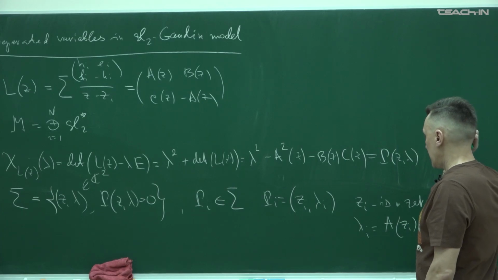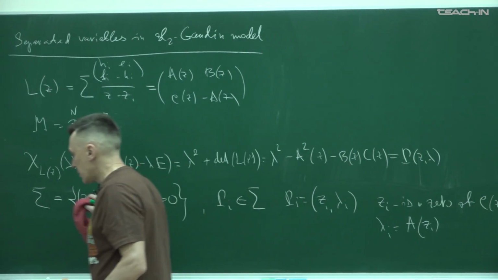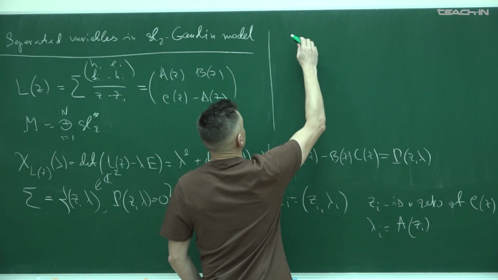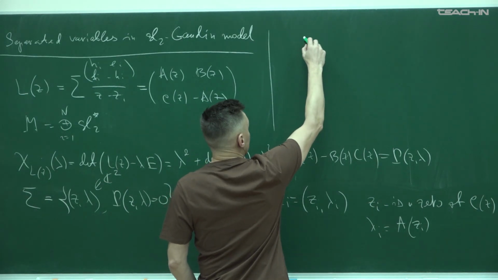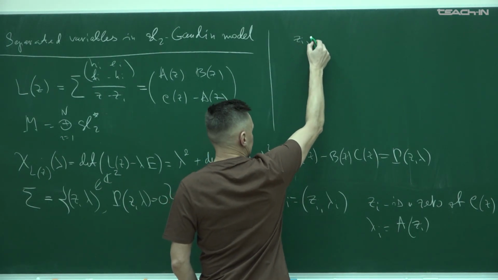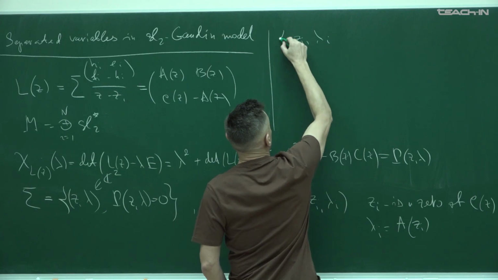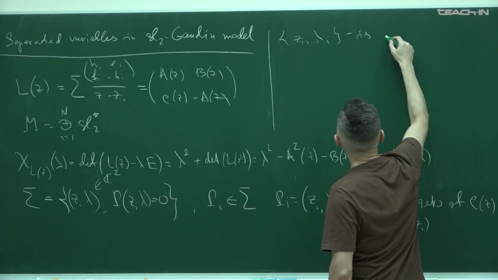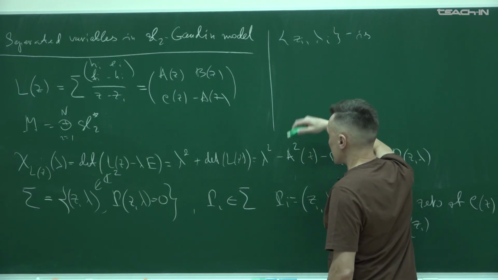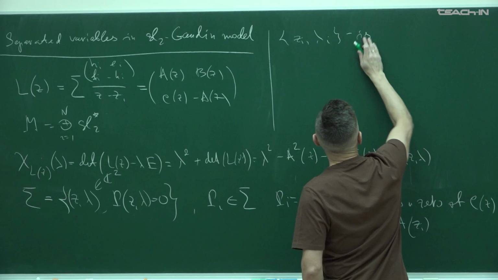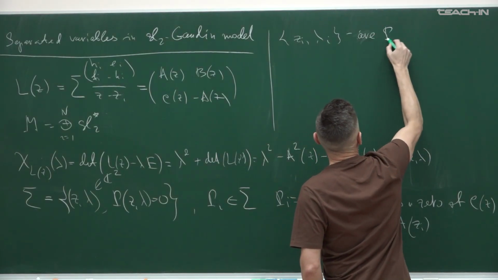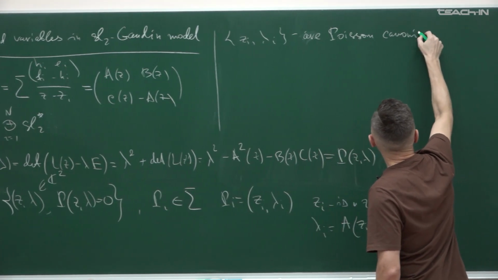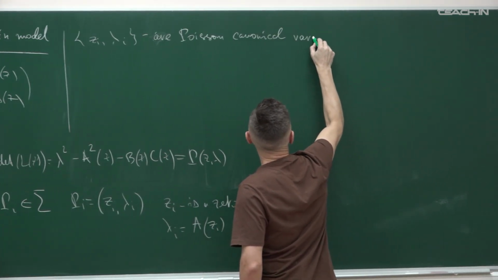But moreover, these variables are, so I demonstrated the lemma that Zi, lambda I, all this set of variables, are Poisson canonical variables.